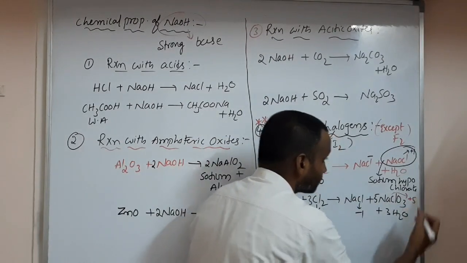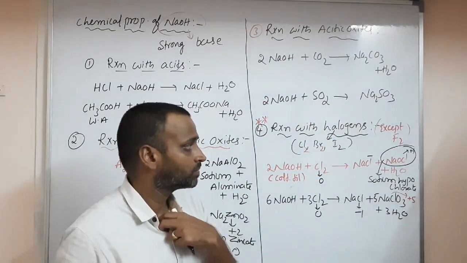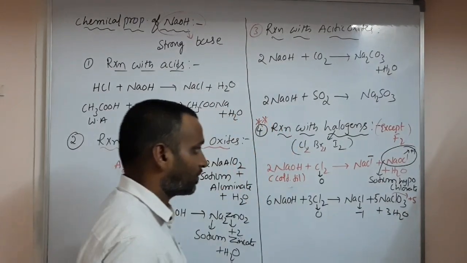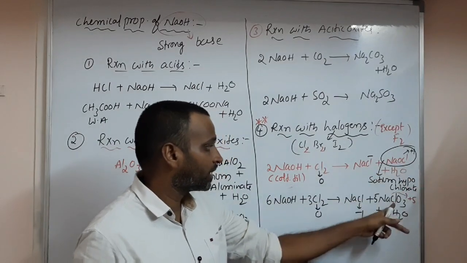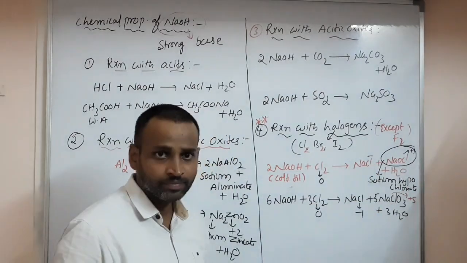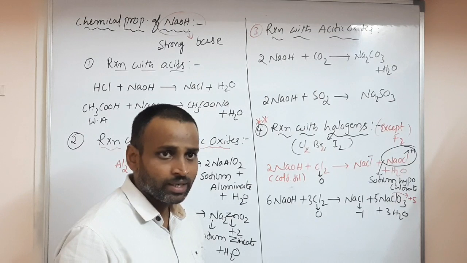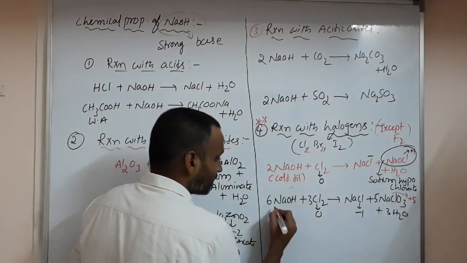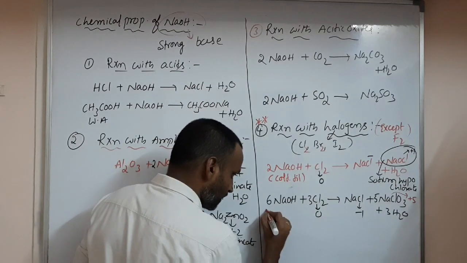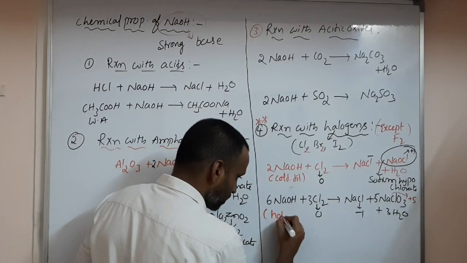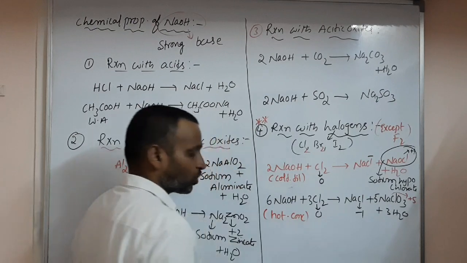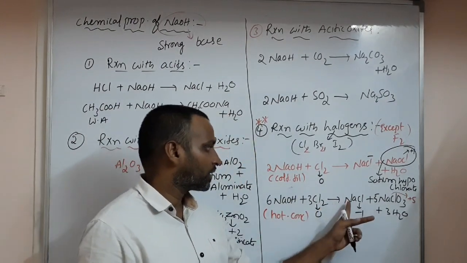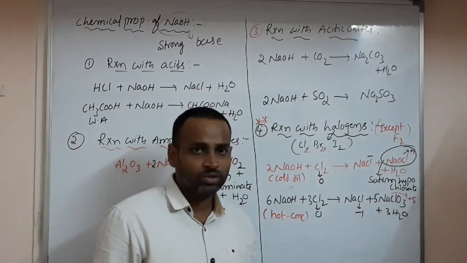Here chlorine is plus 5. Understanding here? So NaClO3 you are having. There NaOCl is hypochlorite, and this is simply chlorate. Perchlorate, chlorate, like that. Very, very important. But here NaOH is hot and concentrated. When sodium hydroxide hot concentrated reacts with chlorine, you get NaCl and NaClO3.